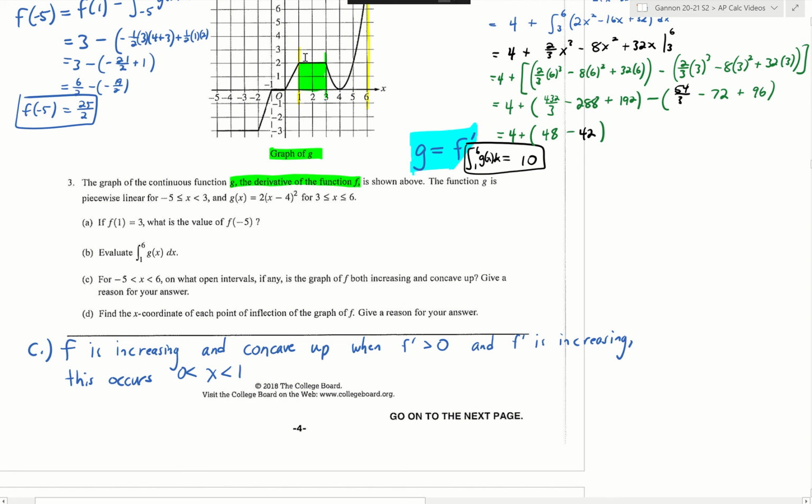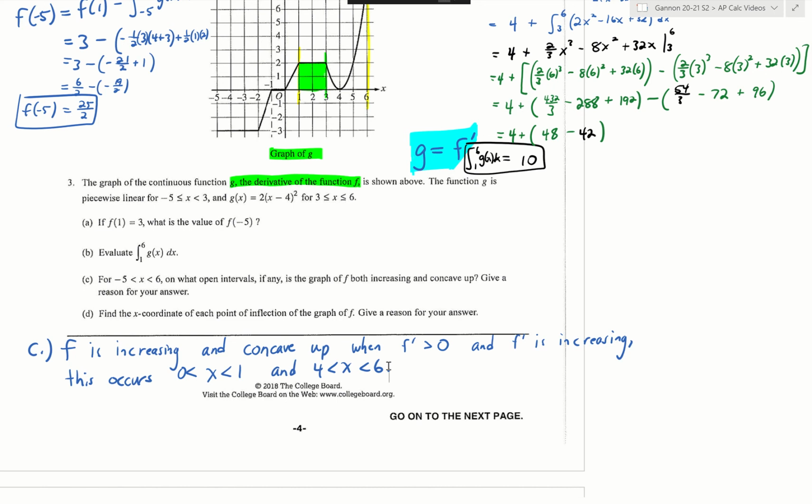Then we're positive, but it's constant. We're positive and decreasing, and then we're positive and increasing again from 4 to 6. All right, and that is what we are looking for.